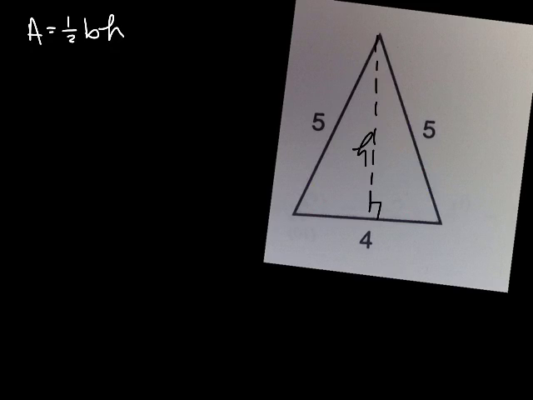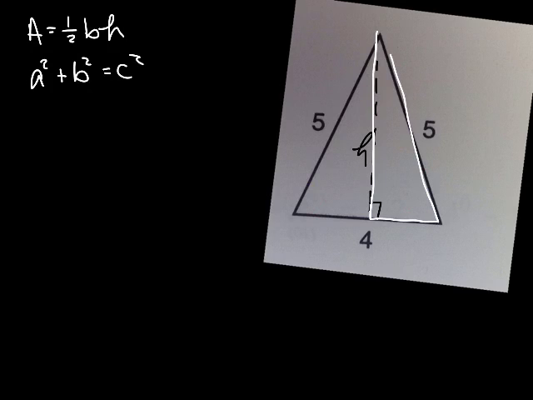And Pythagorean says that one of the lengths squared plus another length squared equals the hypotenuse squared. So what we're going to do is look at one of these triangles right here. We're going to look at this one.